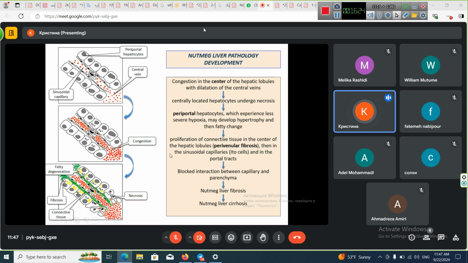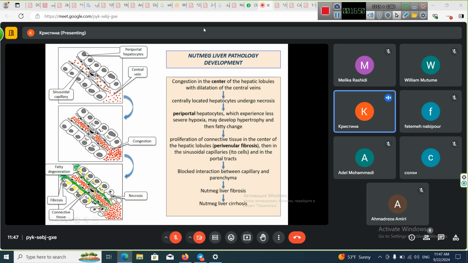Proliferation of connective tissue in the center of the hepatic lobules, perivenular fibrosis, then in the sinusoidal capillaries and in the portal tract. In the third picture, green color marks the connective tissue. Green color is for connective tissue. This connective tissue is produced by specific Ito cells, like this one.